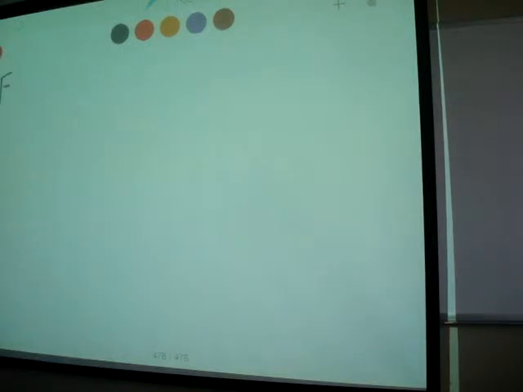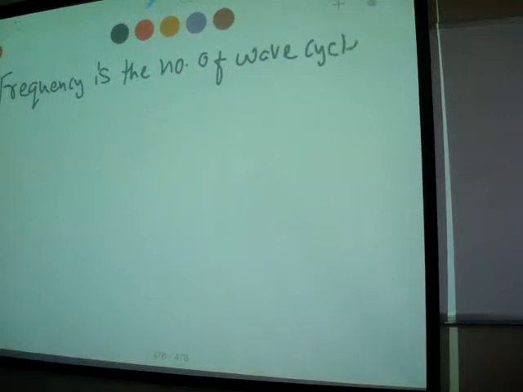Frequency is the number of wave cycles completed or traveling through in each second.